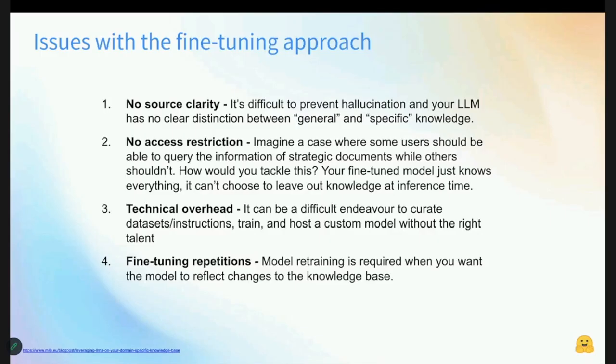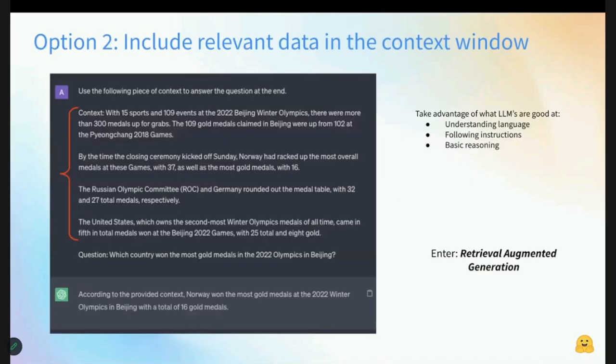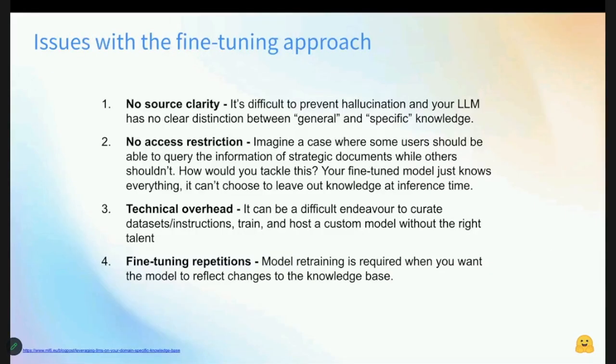This could be an ongoing issue that you constantly have to keep up with. So for all these reasons, fine-tuning might not be the best approach to introduce domain-specific information or current events into your LLM's sphere of influence.